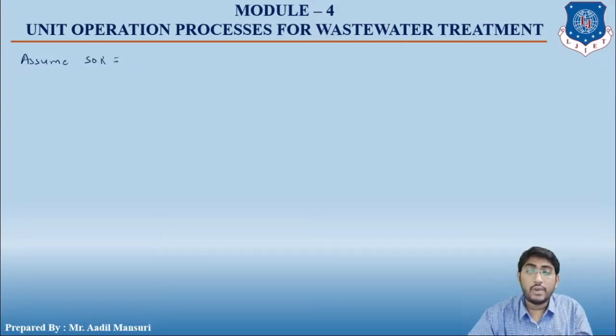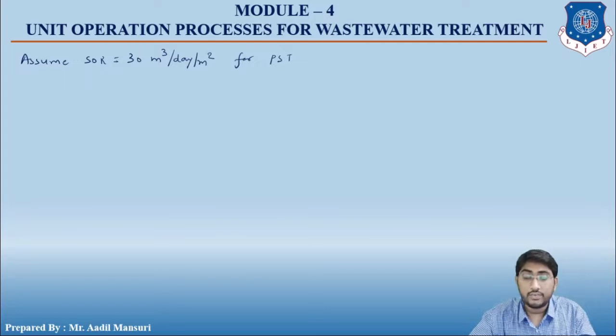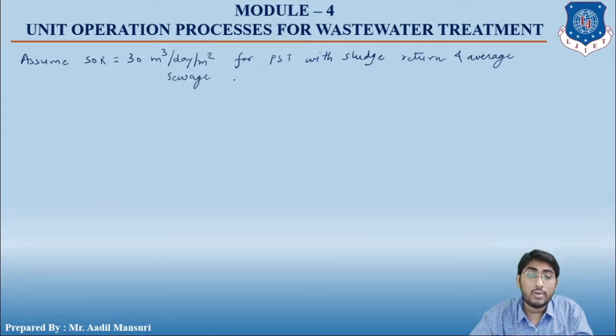They have not given any condition, so we are assuming 30 meter cube per day per meter square for PST with sludge return, and we are considering it as average sewage flow.